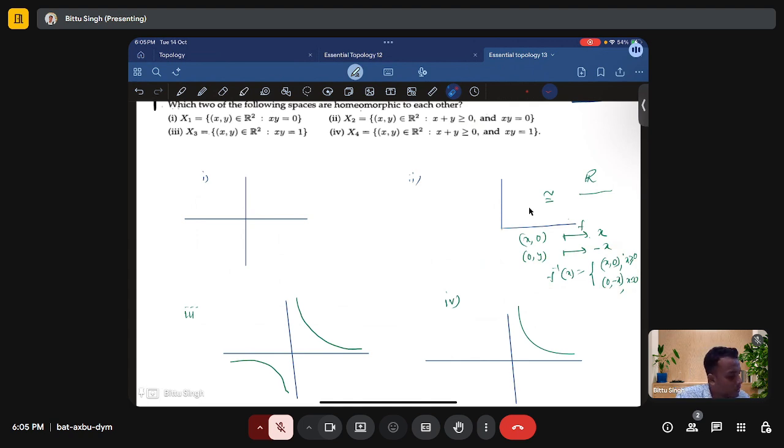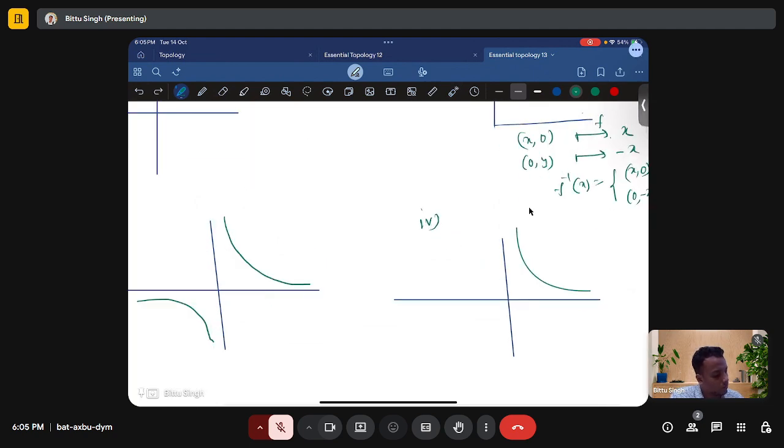Similarly, we can prove that this one is also homeomorphic to R, because of the fact that we know X is homeomorphic to the graph of a function f. So the graph G_f is given by pairs (x, f(x)) belonging to X cross Y such that x belongs to X, where f is continuous.